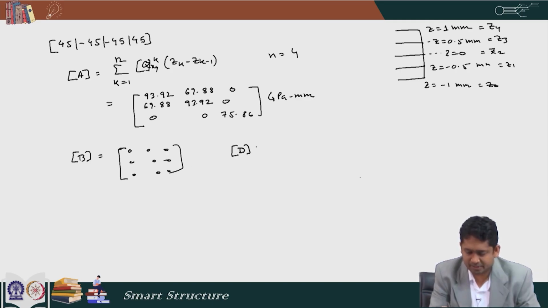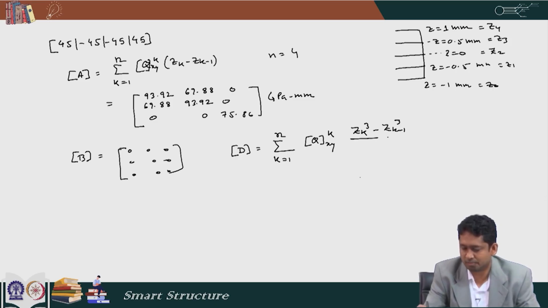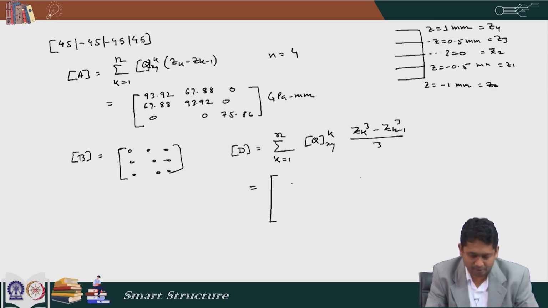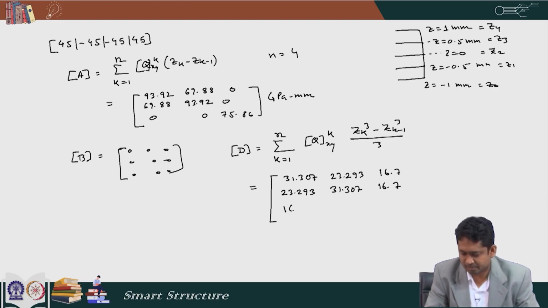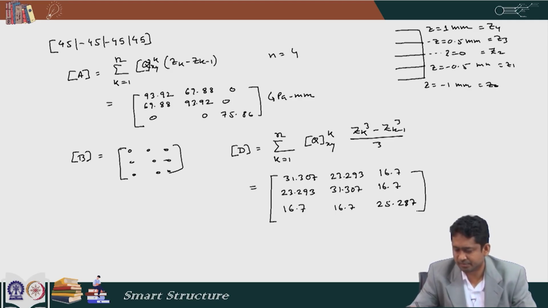Now, let us find out the D matrix. To find the D matrix, we take the sum over k equal to 1 to n of the Q matrix of the kth layer multiplied by zk cube minus zk minus 1 cube divided by 3, and then after putting all the values, what we get is this: 31.307, 23.293, 16.7, 23.293, 31.307, 16.7, then we have 16.7, 16.7, 25.287, and that is in GPa millimeter cube.